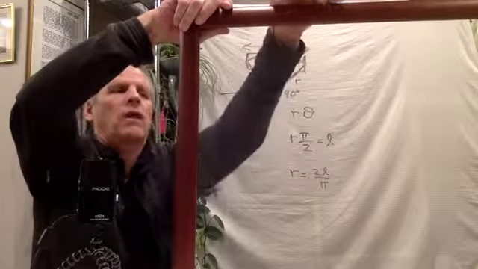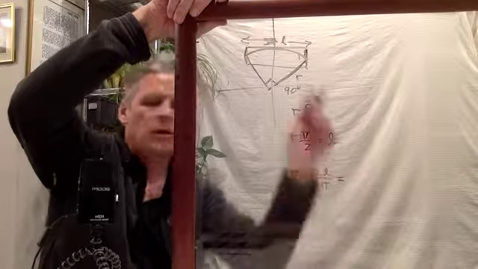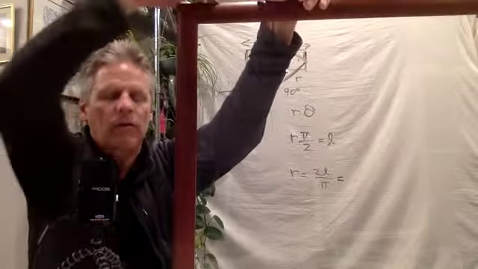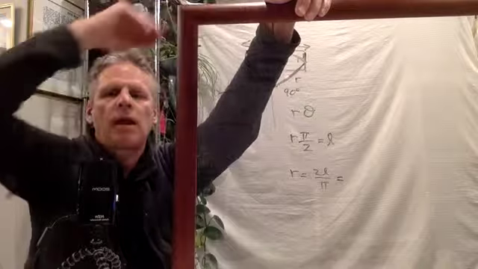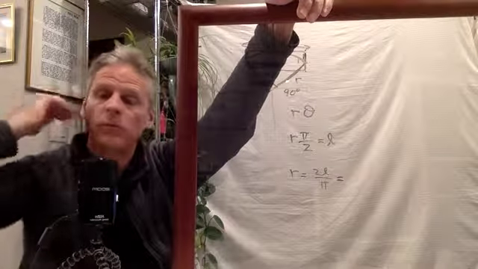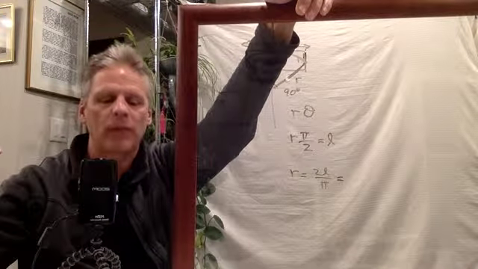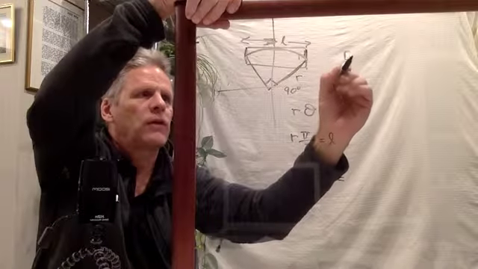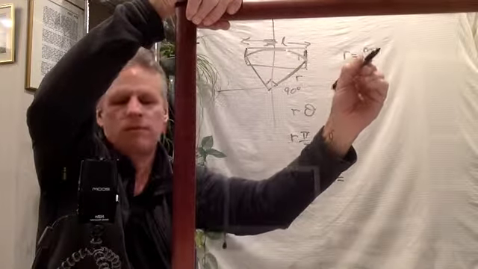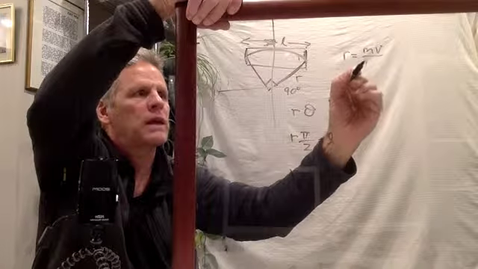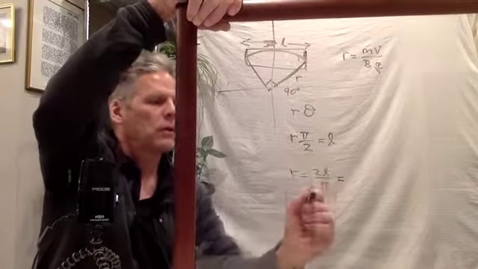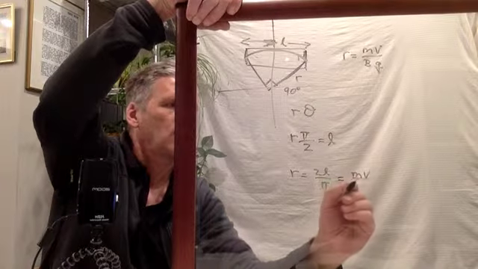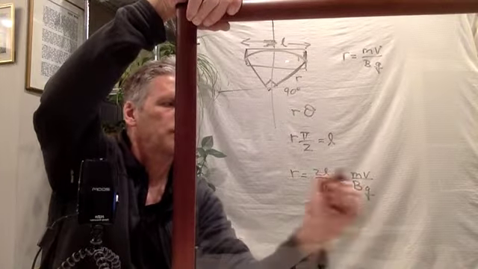Well, what else is that R? We go to our equation sheet, and this is a charge moving through a region of uniform magnetic field. The radius is given as mv over bq.